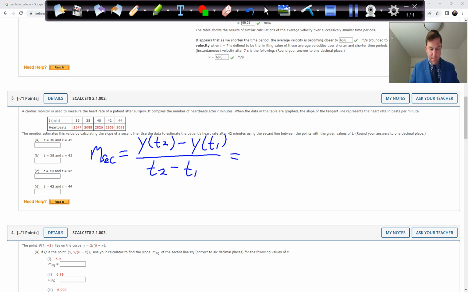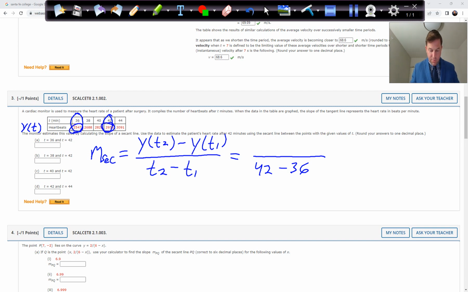So in the first problem, they tell us the two times are 42 and 36. So it's 42 minutes minus 36 minutes. Now these y values are just these heartbeats. So this heartbeat row is y at different times. So for 36 and 42, we need this number and this number. Just these actually, the red ones.